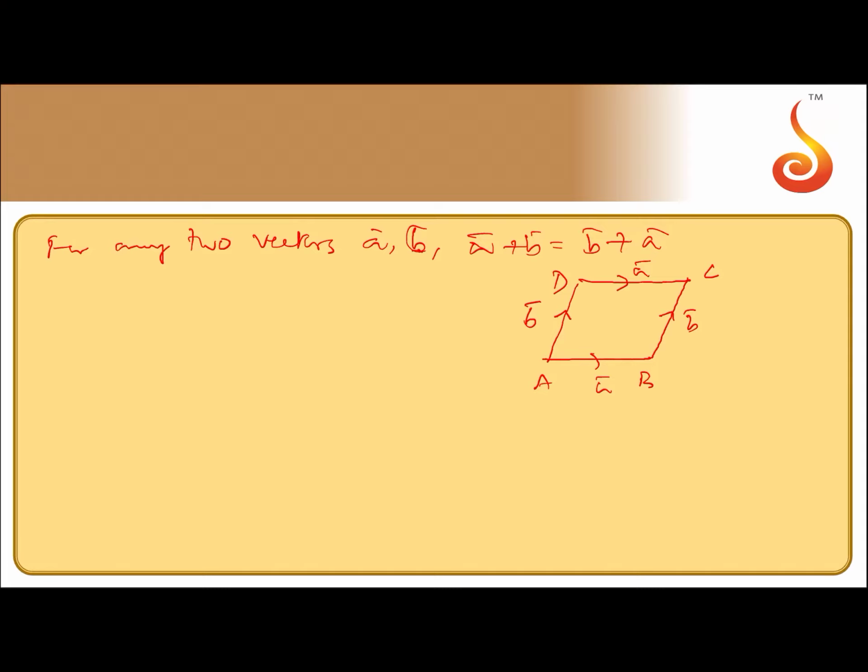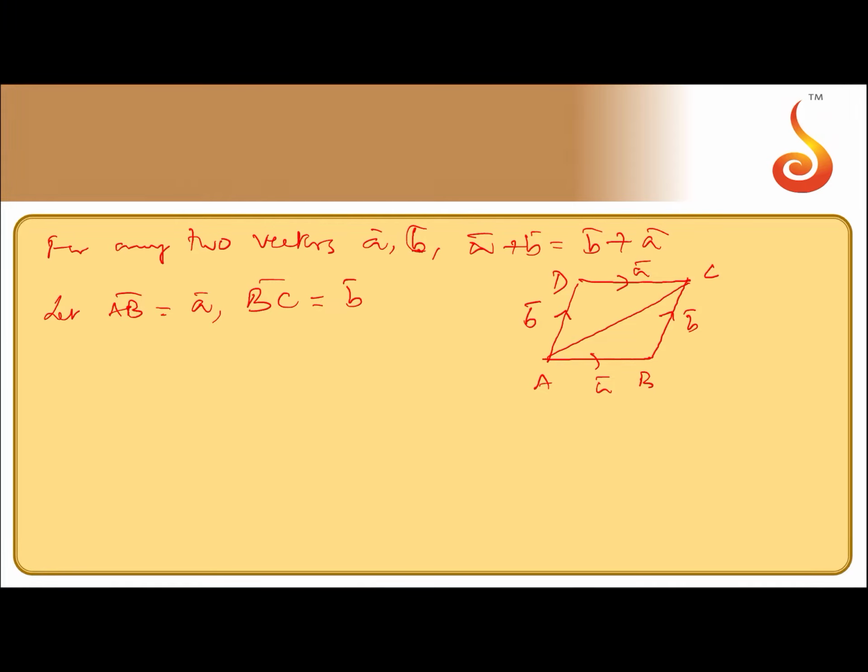Okay, if that is the case, then if I construct a triangle ABC, from the triangle ABC, AC is equal to AB plus BC. Let me take AB bar equal to A bar, so BC bar is equal to B bar.